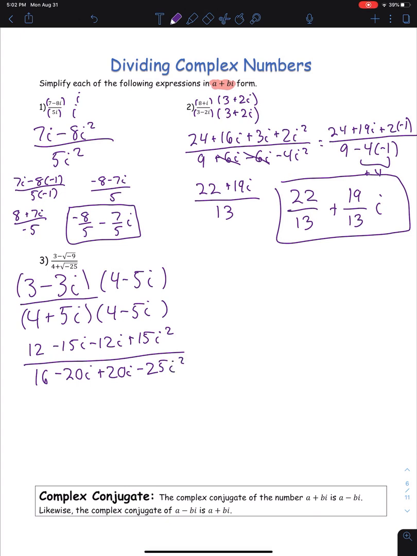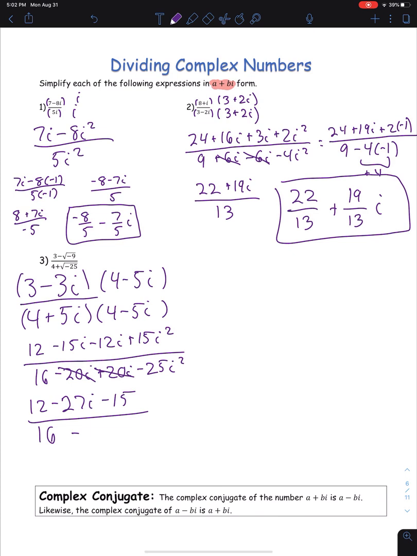Combine like terms that you can. That would be 12 minus 27i plus 15 times negative 1. And you can write 15 times negative 1 as just negative 15 also. All over 16. Negative 20i and plus 20i cancel out.